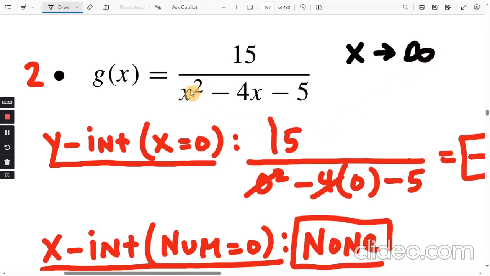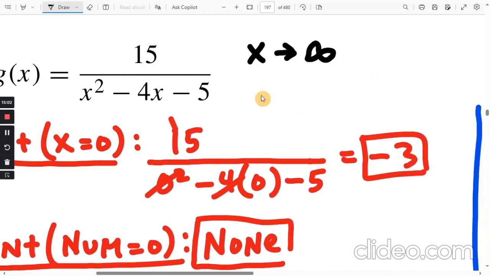The denominator itself, the whole thing gets larger and larger because x squared is going to outpace negative 4x because it has a bigger exponent on it. As the denominator gets bigger and bigger, you're going to have 15 over a really large number. As x goes to infinity, it's going to be something like 15 divided by infinity.